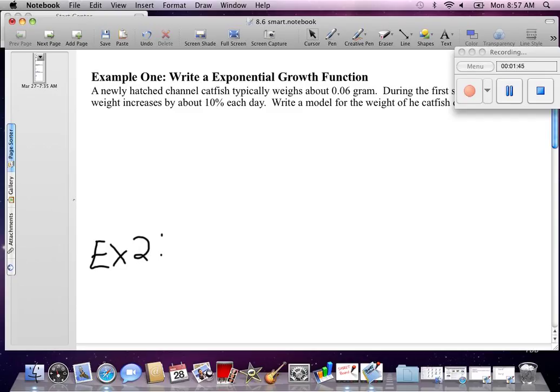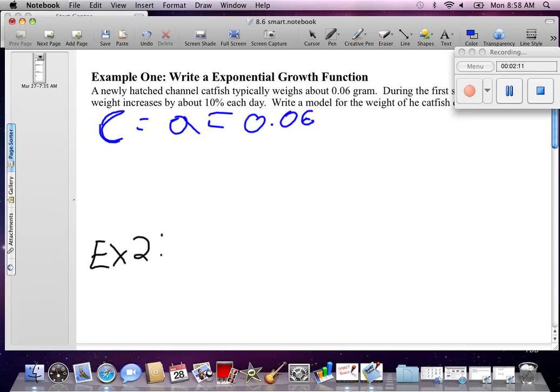So first I'm going to write down, what is my A? Remember, if we look at the other equation, because that's the equation of your book, that's also the same thing as C, so we don't get it mixed up. What is my initial amount? What does the catfish start out with? 0.06.